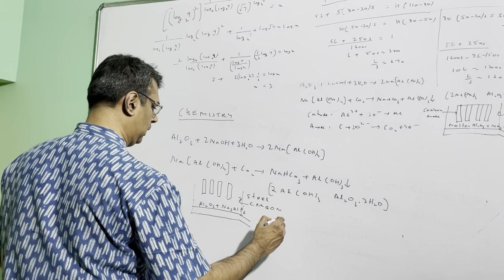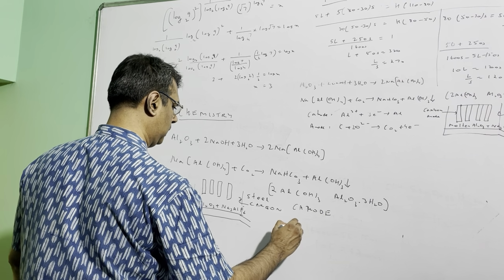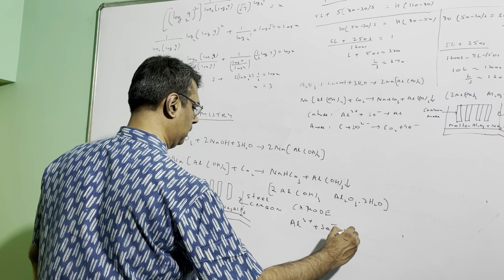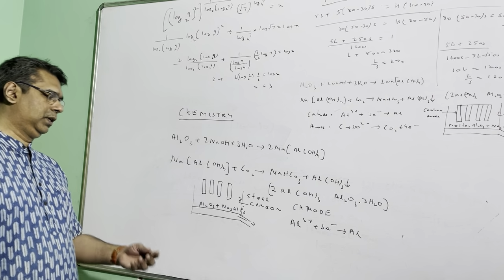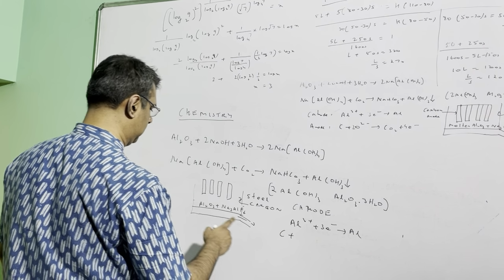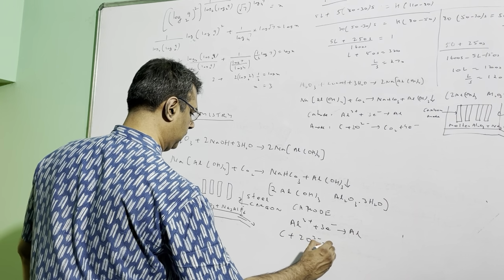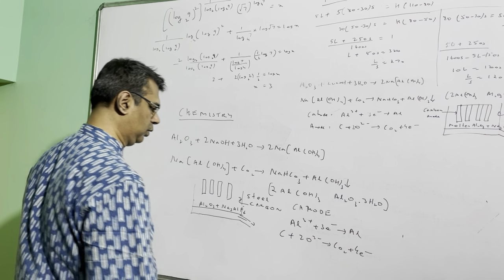At the cathode, Al3+ will convert to aluminium, and that aluminium will be drained out because it is in molten form. At the anode, the carbon anodes will react with the oxygen gas to give CO2.